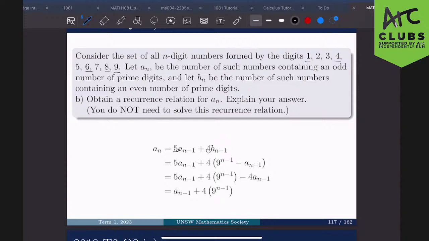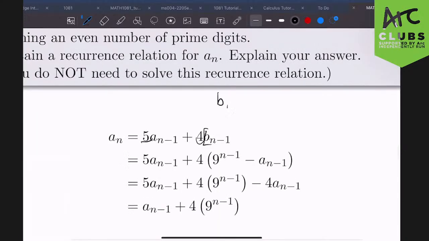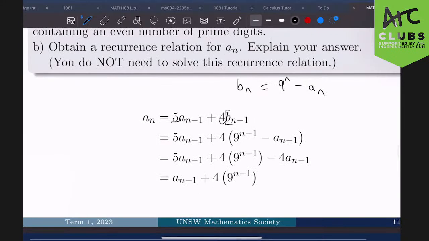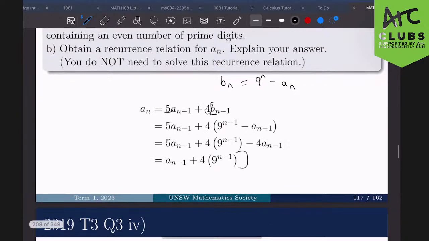And then we use our solution to question A, which was that b_n equals 9^n minus a_n. So we just sub in, and then we can get rid of the b_{n-1} term, and it boils down to this.